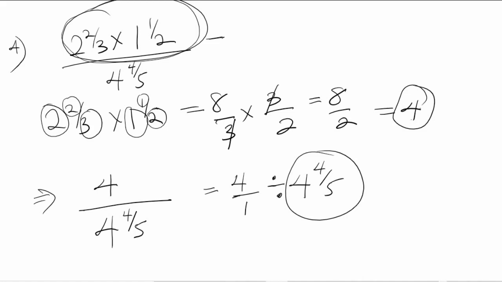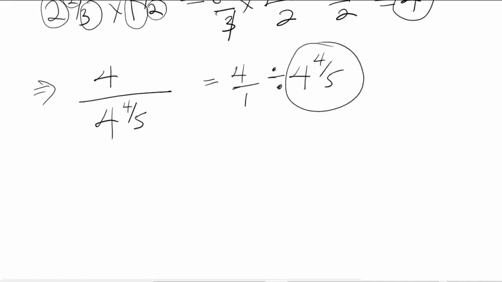We change this to an improper fraction, and this will be 4 over 1 divided by 5 times 4 is 20 plus 4, 24 over 5.